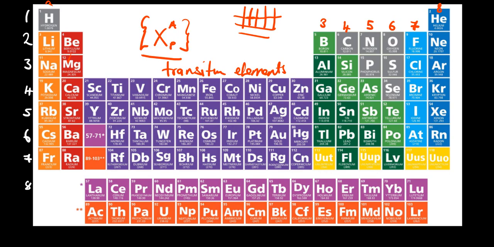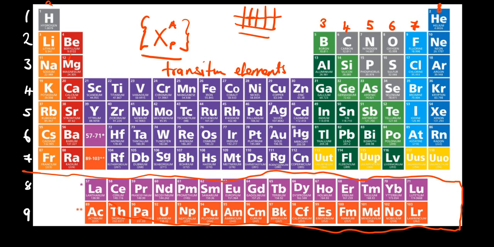For these two rows down there, the actinides and the lanthanides, we don't normally use them. Just know that we don't use them, but it's important that you know the periods. We'll be ending mostly at period 7 in our study, in level 1, as those doing pure chemistry.